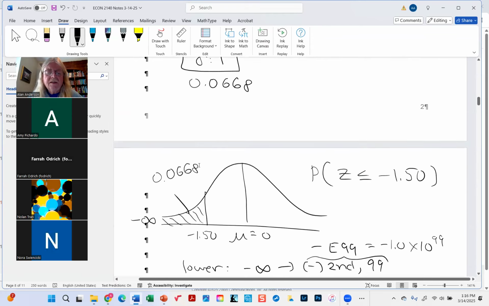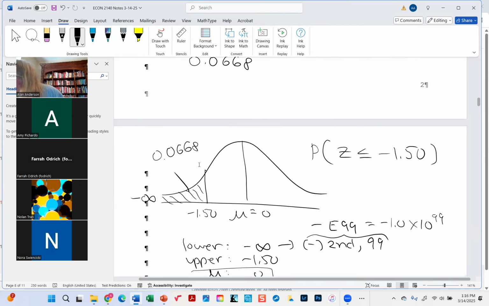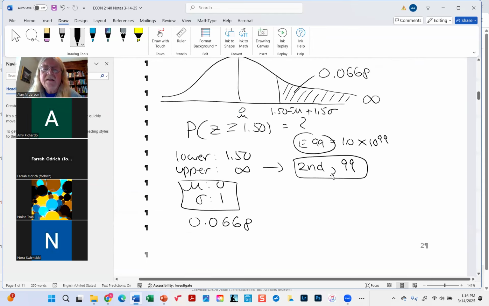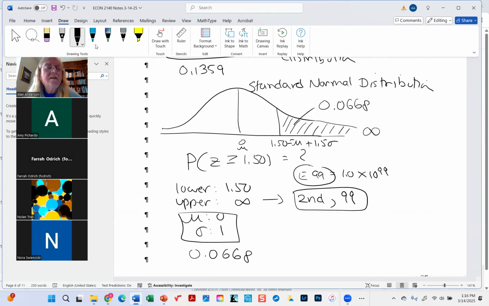Whereas down here, this could be interpreted as the mean minus 1.5 standard deviations. All right.